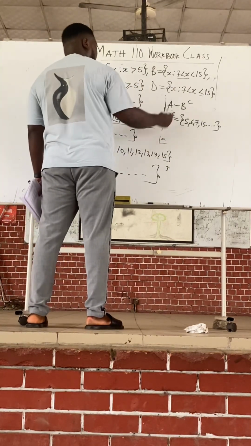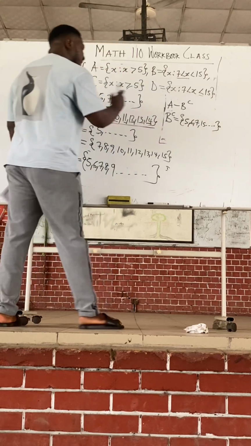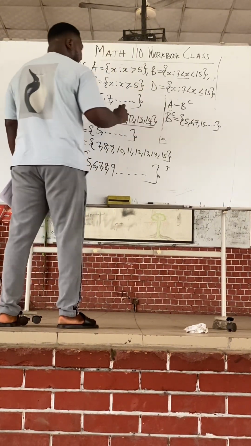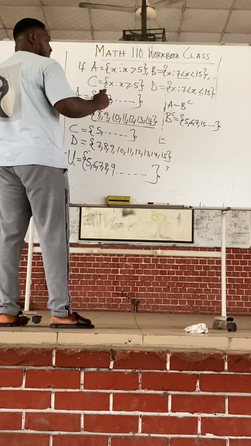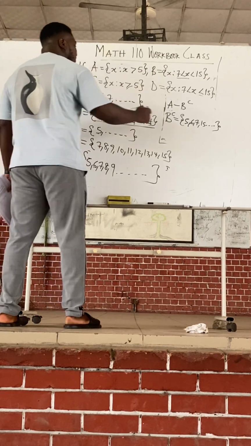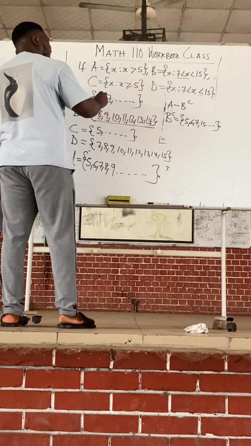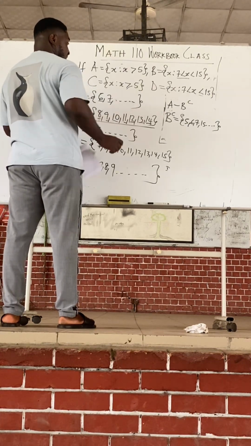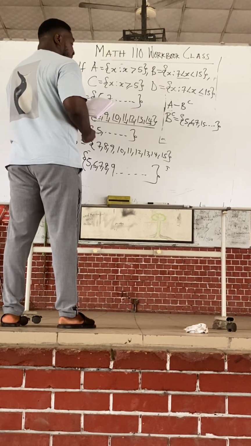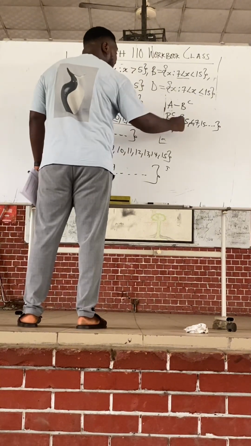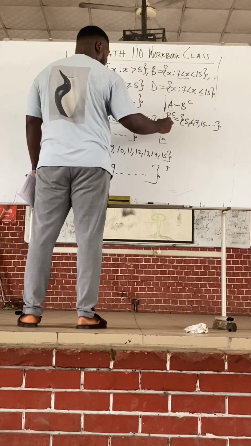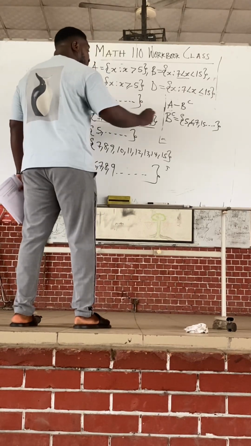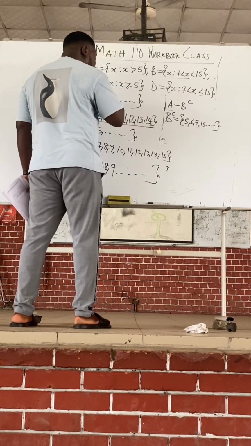Now what's A minus B complement? Remove everybody in B complement from A. Who are those in B complement that are in A? 6, 7. 6 what? 7. What will remain in A after removing 6 and 7? What will be remaining will be in A, not in B complement.